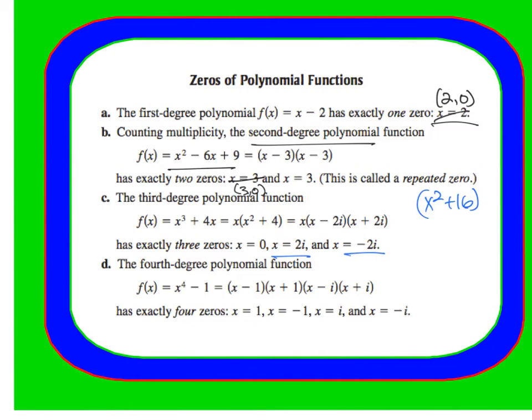But x squared plus 16, what would that factor to? x plus 4i and x minus 4i. Now, are those real? No, but they are complex. Now, if I have a fourth degree, how many zeros am I going to have? I'm going to have at least 4 complex zeros.